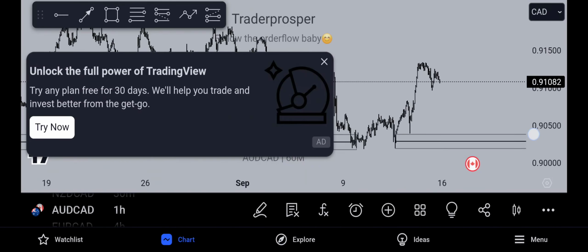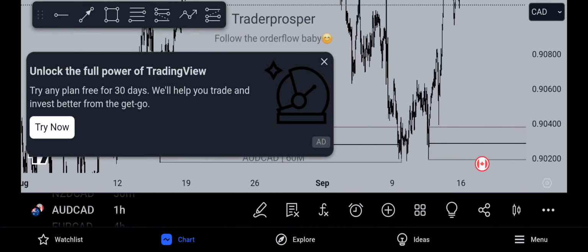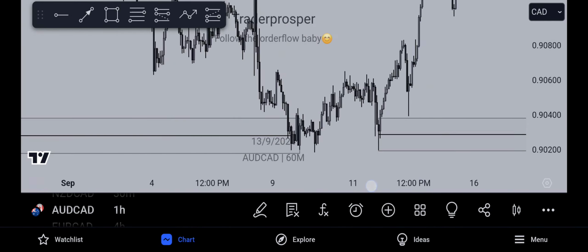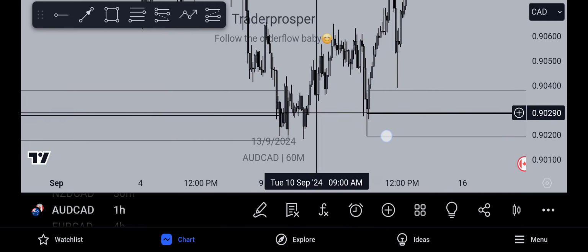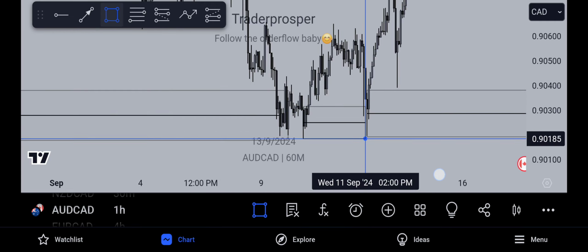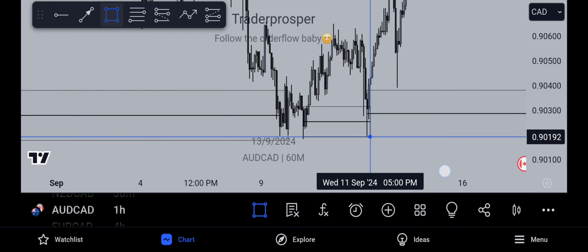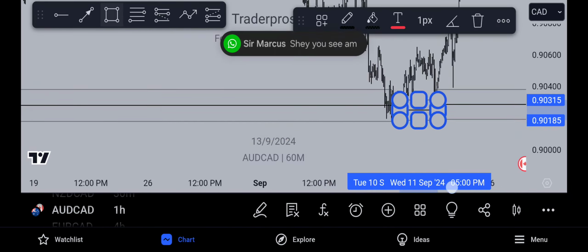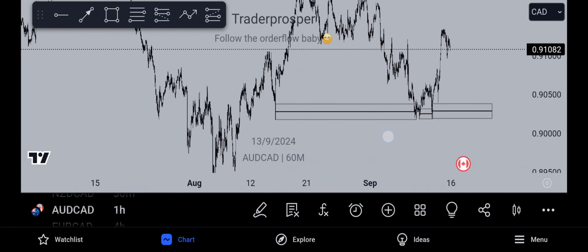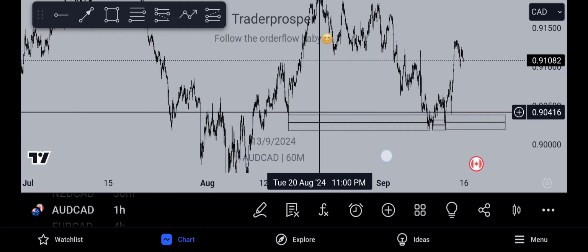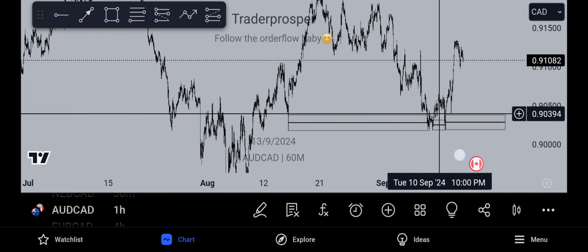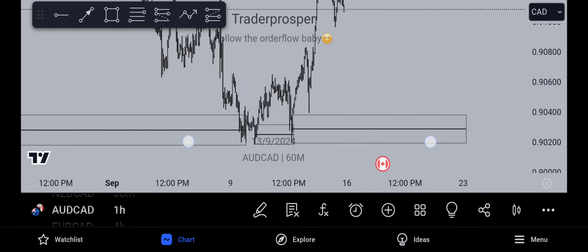AUD CAD, I missed a trade here. Why? Because I wasn't focusing well. There was a buy entry here that I just did not see. Because we are reacting from a higher time frame POI, the market had switched to buy ASAP.